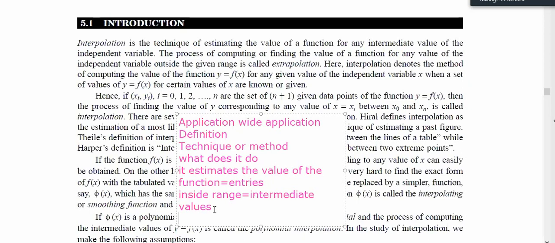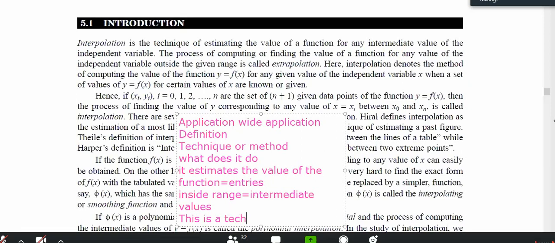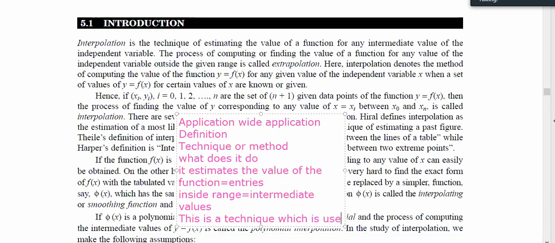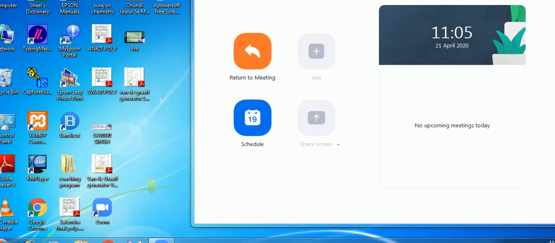In another way, this is a technique used to estimate the value of a function for any intermediate value of the independent variable or argument.